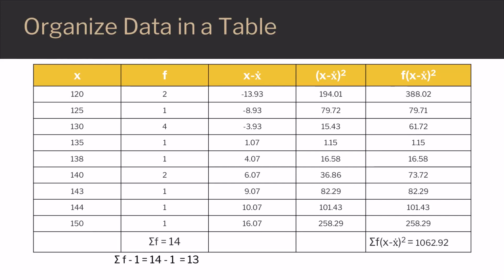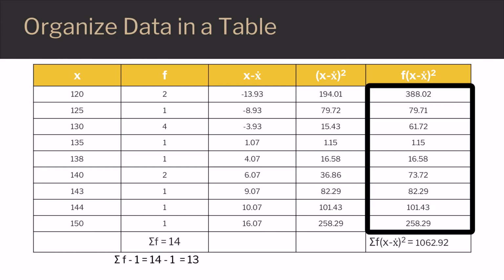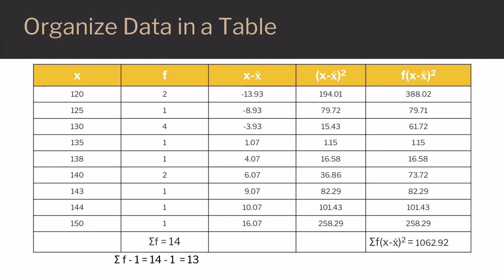To find the variance, you should total up all the values in the last column. Our total is 1062.92. Now divide this by the number of values minus 1. In our case, we have 14 values, so we will be dividing by 14 minus 1, 13.